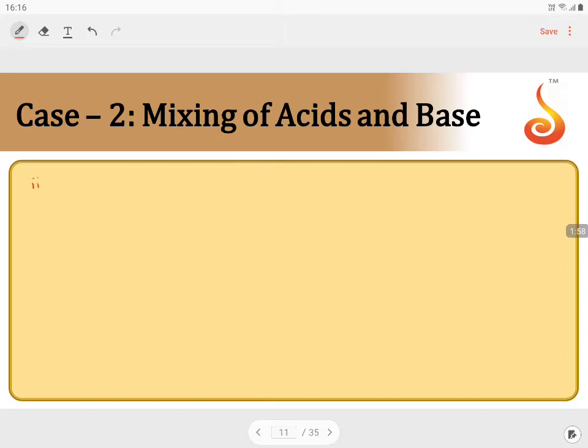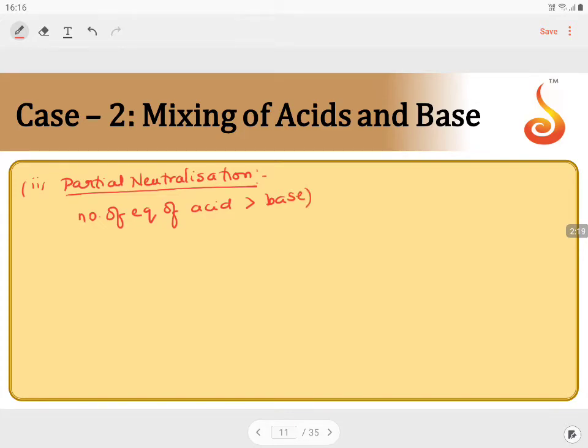Case 2: partial neutralization. What do you mean by this? Either the number of equivalents of acid will be greater than base, or base will be greater than acid.